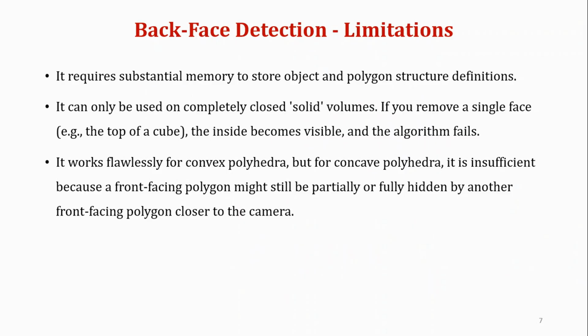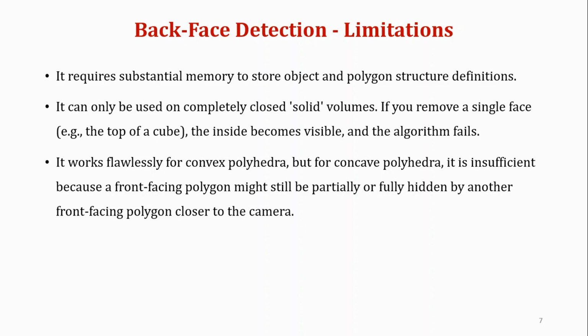The third limitation is that it works perfectly for convex objects. However, for concave objects, one visible polygon may still be hidden behind another visible polygon. Therefore, back-face detection is a simple method, but alone it is not sufficient for complete hidden surface removal.